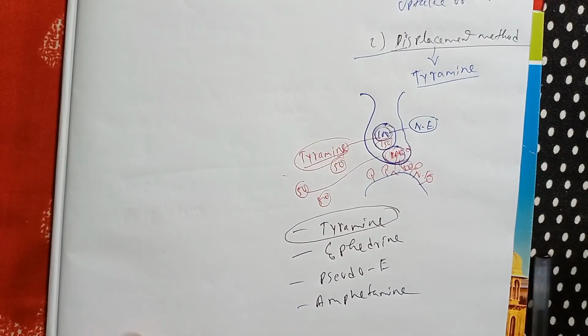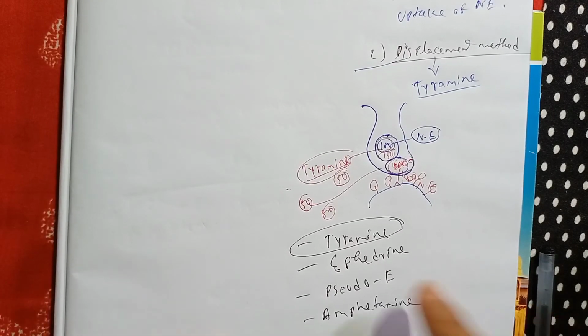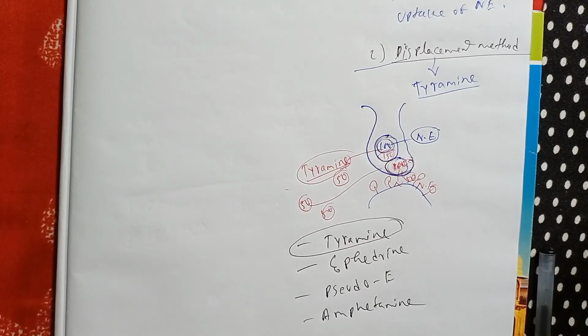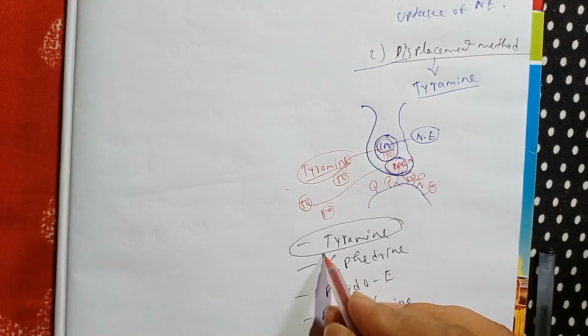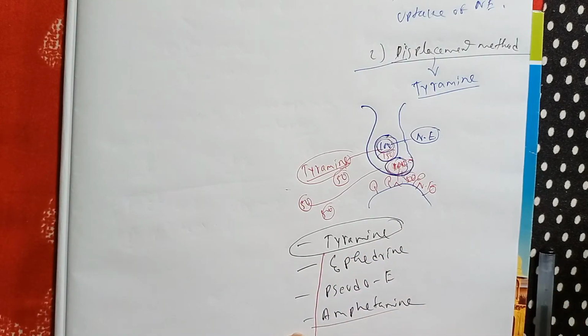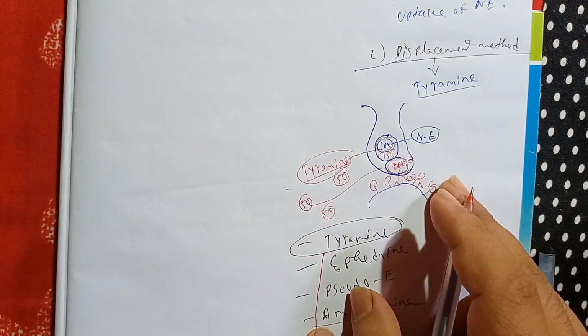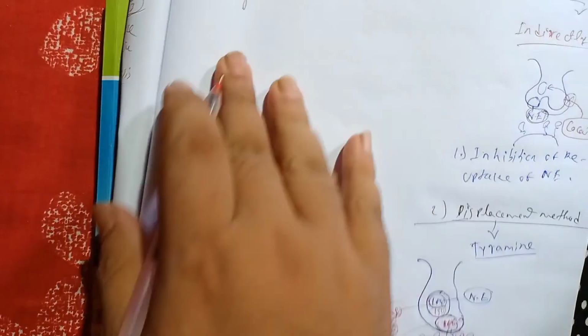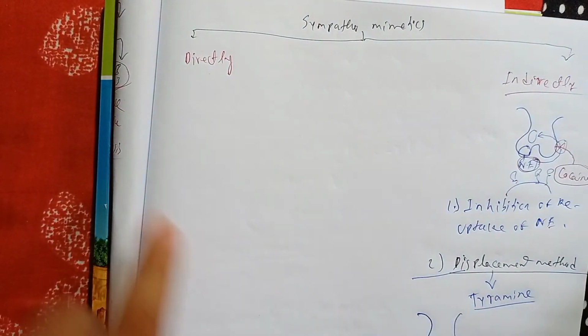Okay, now we will know about the ephedrine and pseudoephedrine. Actually, these types of drugs, except tyramine, have a mixed function. They will inhibit here, as well as activate indirectly. They will activate also, but they will also inhibit.